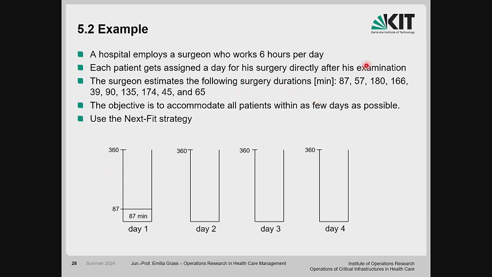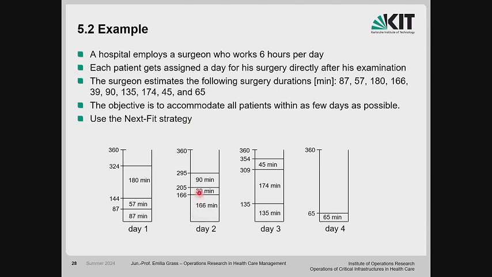The next request requires 57 minutes, and we can place it. We can also use the 180-minute surgery, but the next one takes 166 minutes, and we cannot assign that to the same day anymore. Therefore, we open a new day, and the next days are filled as before.